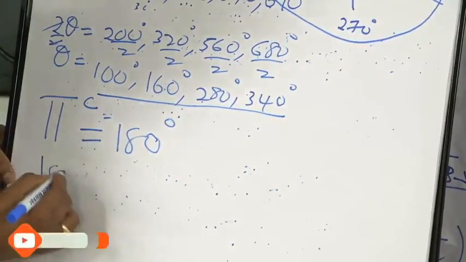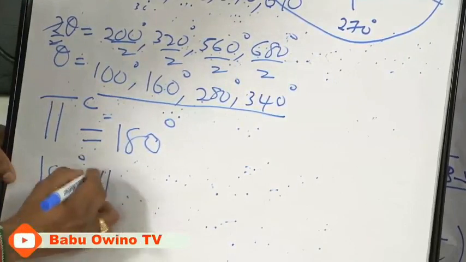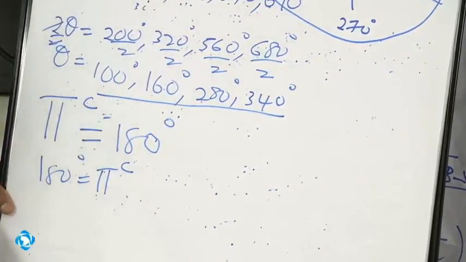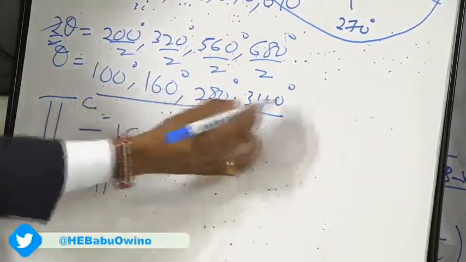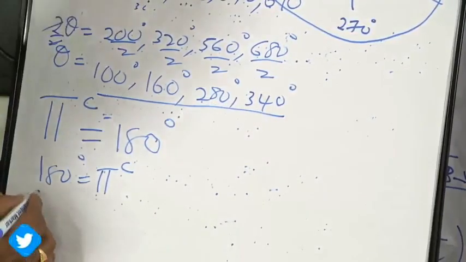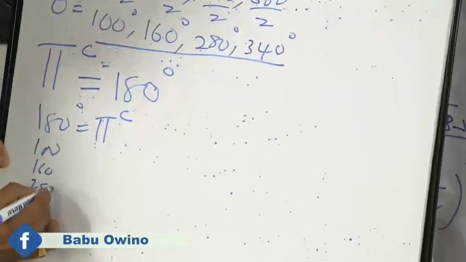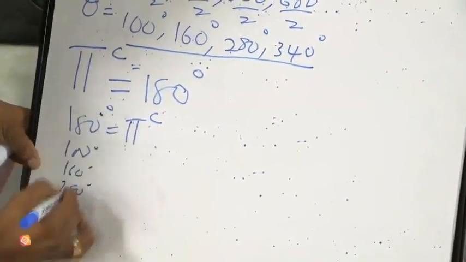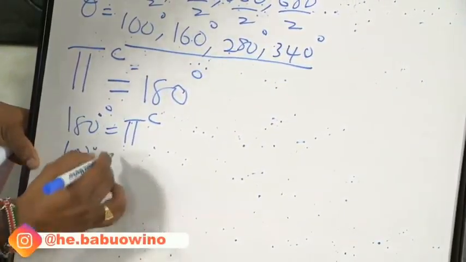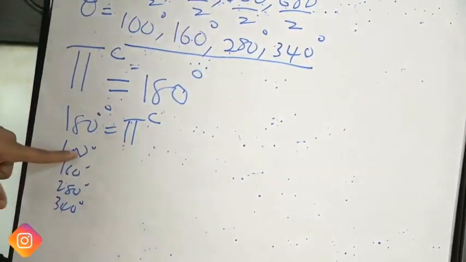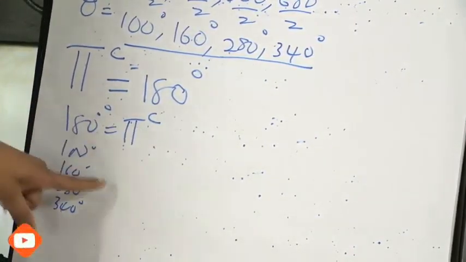If 180 degrees equals pi radians, what about all these angles? What about 100? What about 160? What about 280? What about 340 degrees?